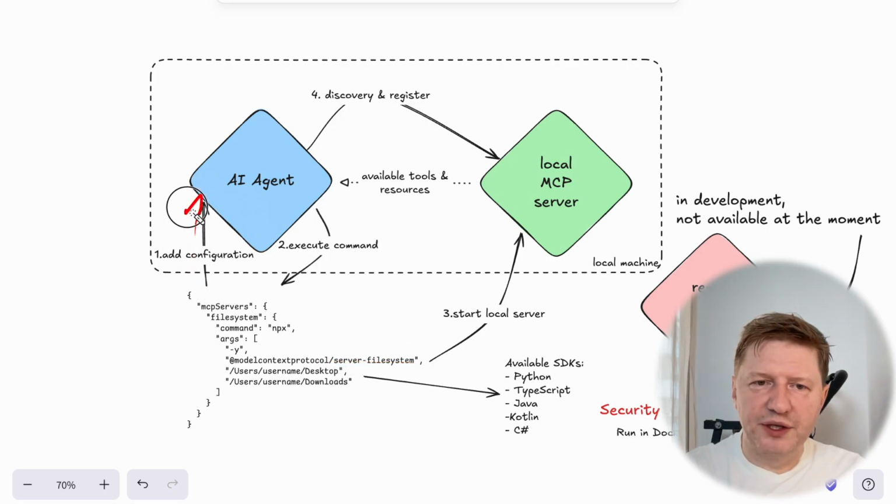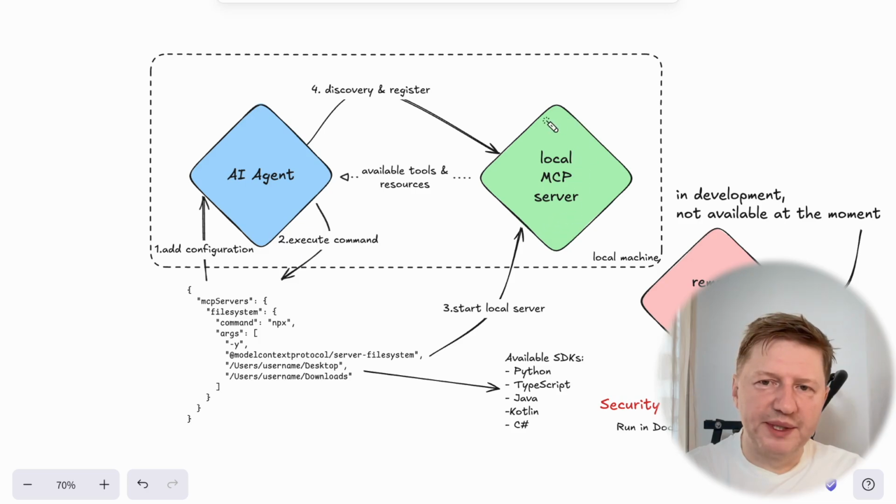So what's happening next? Once we configure it here, our AI agent system executes the provided command. So npx will be executed with this package and some additional parameters, which depend on the use case, right? And this application's responsibility is to start a local server, and this server should follow specific MCP standards.